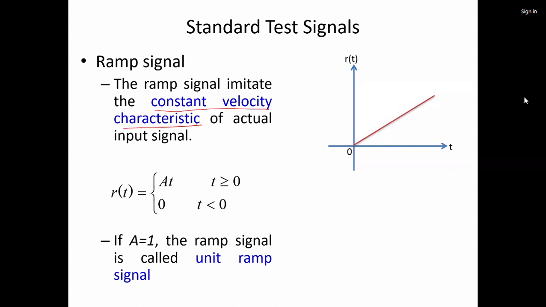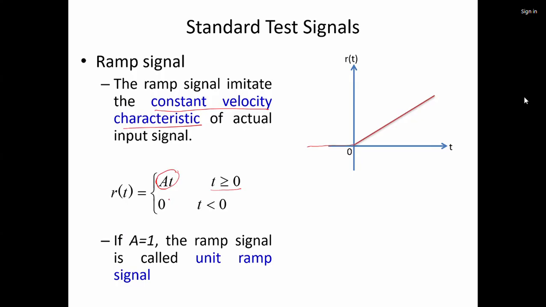Like when you talk about displacement versus time, your dx over dt is constant, that means velocity is constant. Here, your r is basically the signal, and dr over dt is constant. So dr over dt is A, that means r(t) is At. So your signal is linearly increasing with time for t greater than or equal to 0, and it will be 0 for t less than 0.